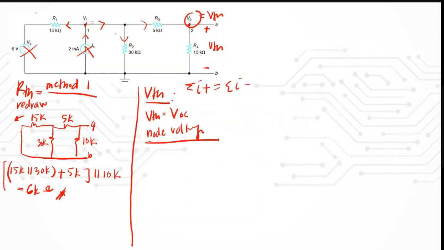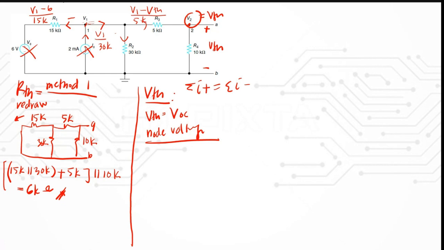We have V1 minus 6 over 15K for this negative current. And this obviously you have 2 milliampere. And for this part here, you will have V1 over 30K. And then for this part here, for these directions of current, you will have V1 minus, let's say we put VTH, over 5K.